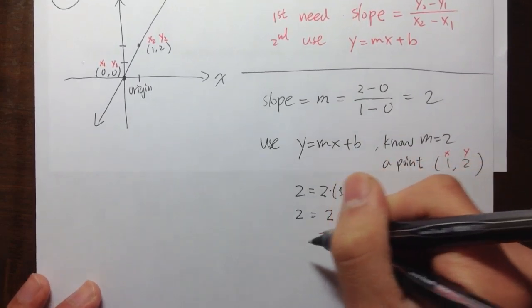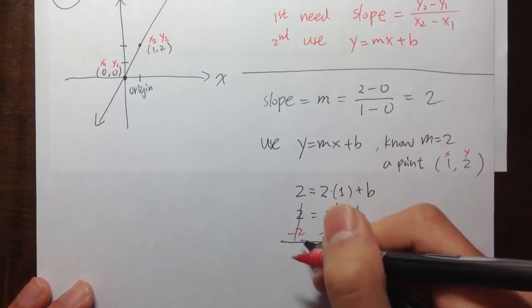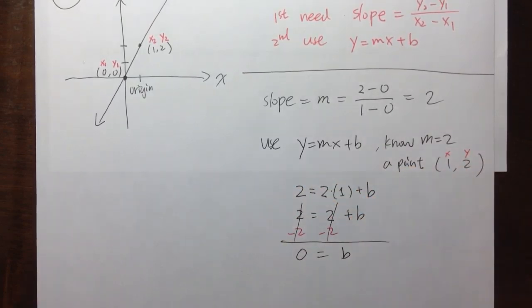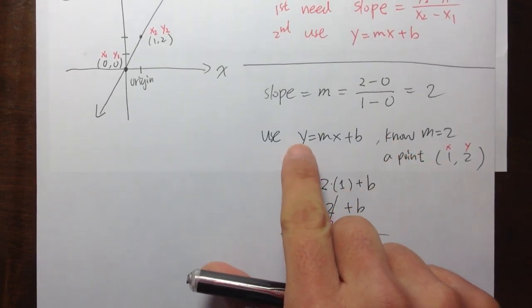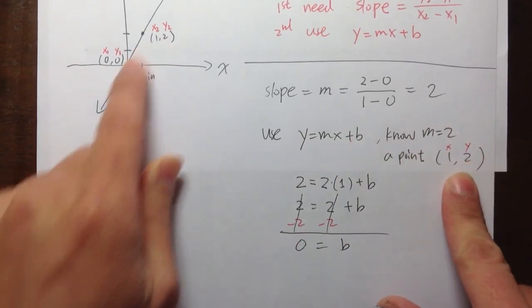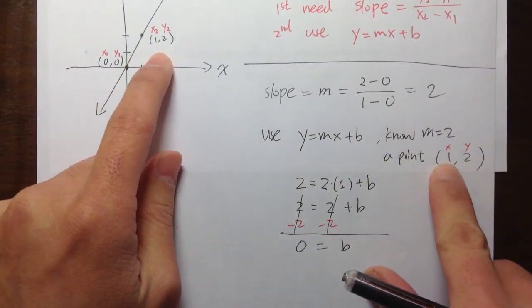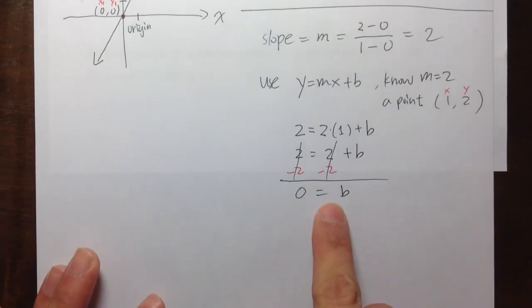And then I can subtract both sides by 2. So 2 - 2 is 0, which is equal to b. And the reason that we use y = mx + b and one of these points, I just chose to use (1, 2), is that we use this information to find out what b is.